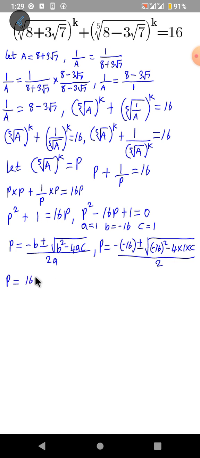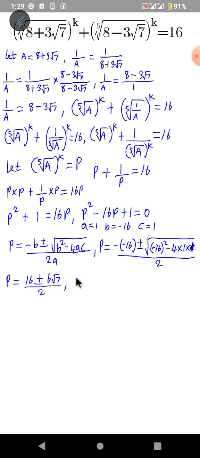Then we continue again, we say p will be equal to, there now minus times minus, that's plus, so we have 16 here, plus or minus the square root of minus 16 square minus 4 times 1 times c is 1, minus 16 square minus 4 times 1 times 1 is going to give me 6 root 7, everything all over 2.